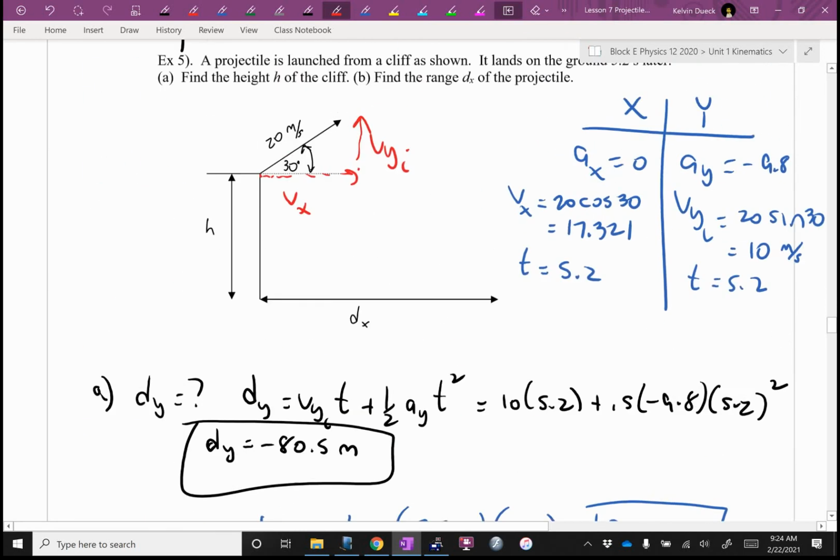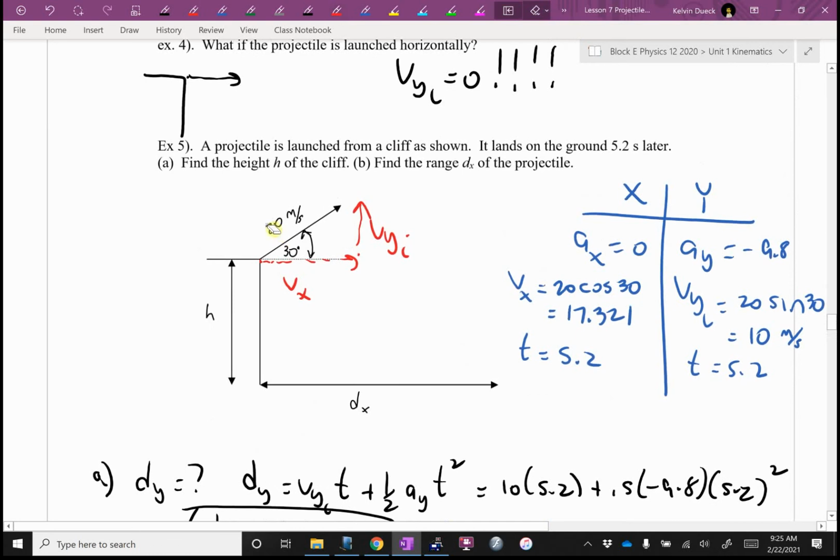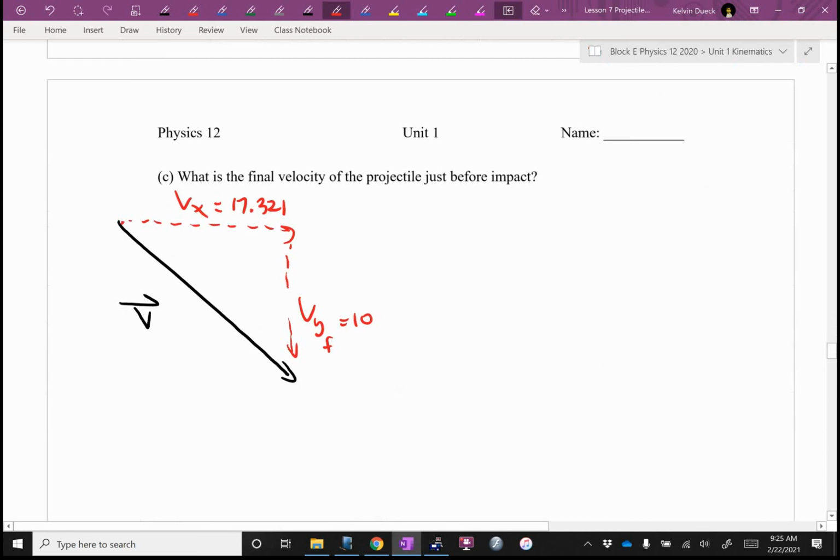And you know what they get when they do the Pythagoras? 20. Because that's where those numbers came from. And when they do the shift tan, 30. Because that's where those numbers came from. And they don't realize they've just found the original velocity, but pointing downwards. They found, right when we get back to cliff level, what the velocity is. But we're falling further. So we need to find Vy final. It's not 10.